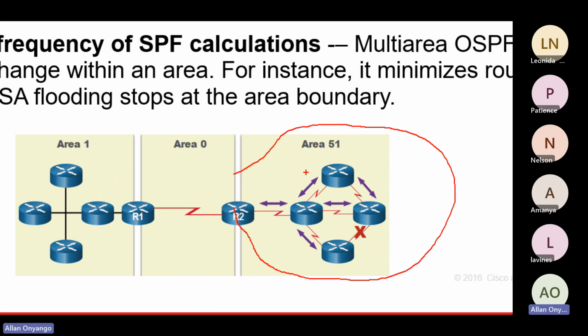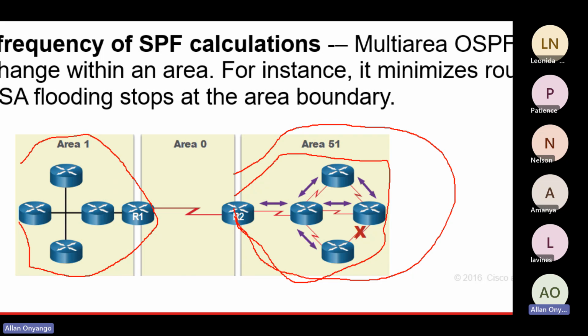What these routers need to do is only exchange information with the routers in this area. And these guys in area 1 only need to exchange information with the routers in their area. They don't need to save information or the routes or the links from one area into another area, such that when we store information in the routing tables of each router, we just need to store information from these 5 routers. We don't need to worry about these other 5.